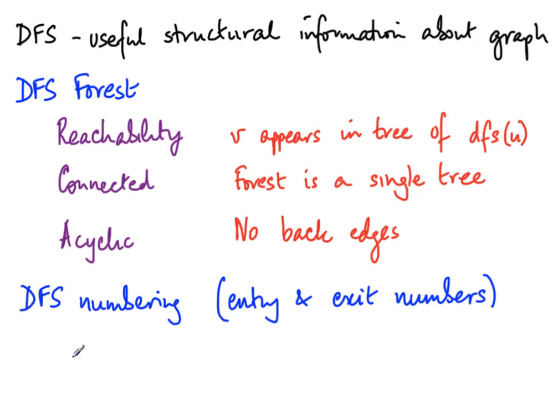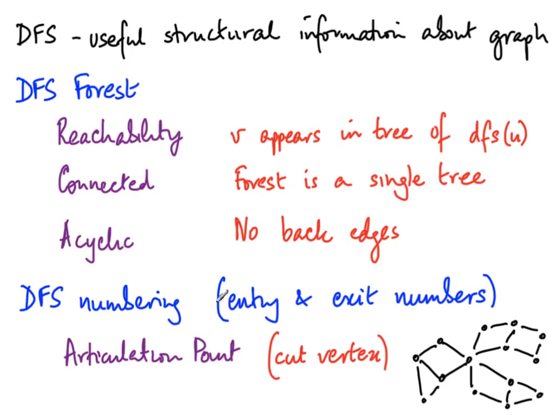Now we also computed these entry and exit numbers, the order in which we started processing and finished processing vertices. And it turns out that this numbering contains a lot of very useful information about the graph. We just mentioned one example. We can use DFS numbering to identify what are called articulation points or cut vertices. Now a cut vertex is one which, if deleted, will actually disconnect the graph into multiple parts.